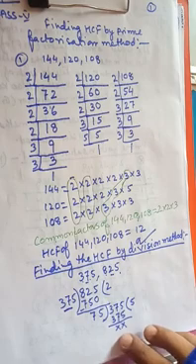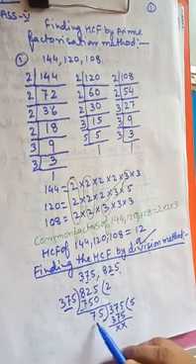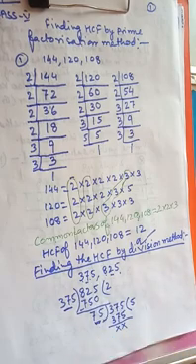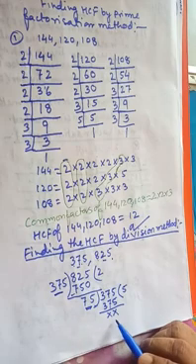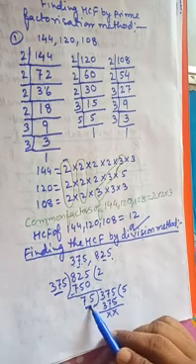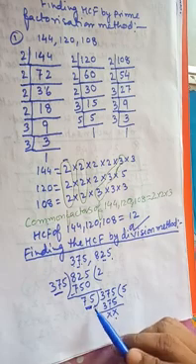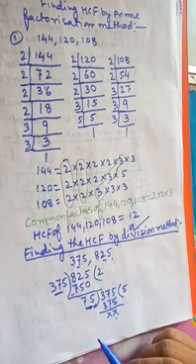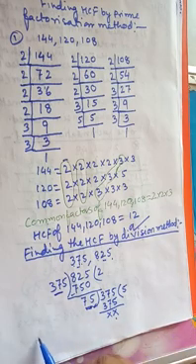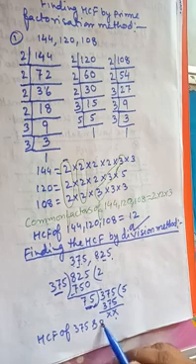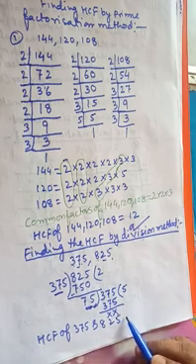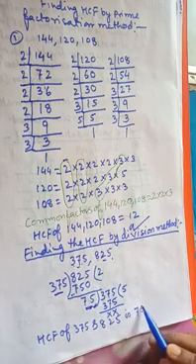Now see here, the remainder becomes 0, so this divisor is our HCF. Understand student? As I told you, when the remainder becomes 0, that divisor will be our HCF. So we can write, HCF of 375 and 825 is 75.